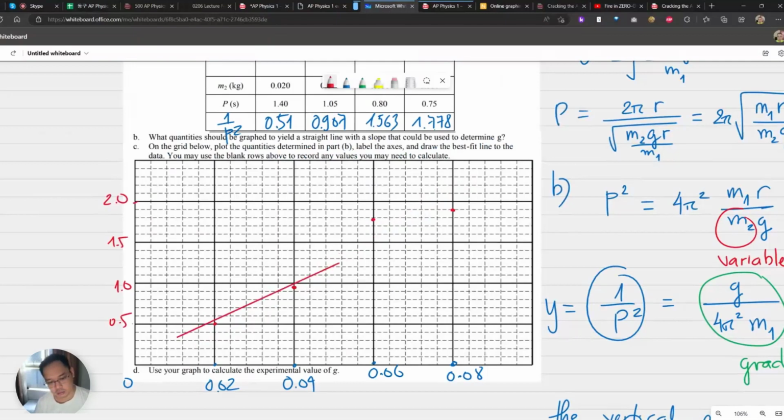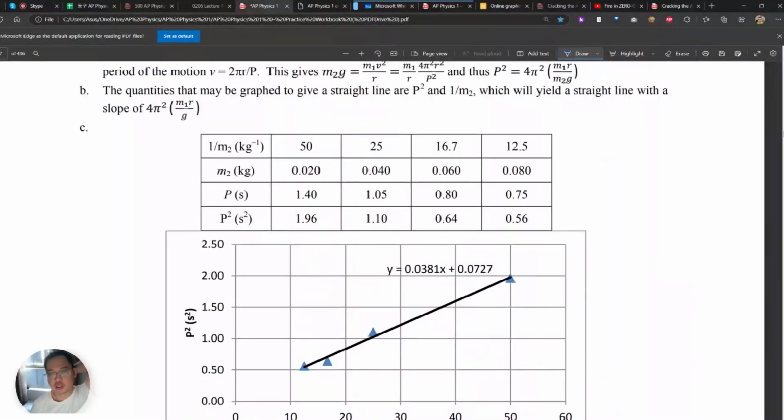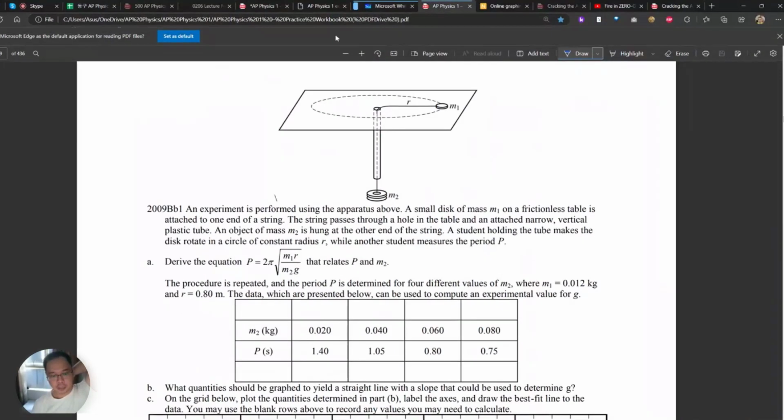So difficult. It should be like this. Anyway, if I try like this, calculating the gradient and then g, hopefully it will give the same answer as the answer here. But do it yourself again, this afternoon or tomorrow.